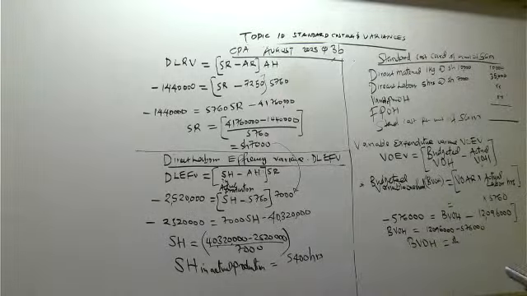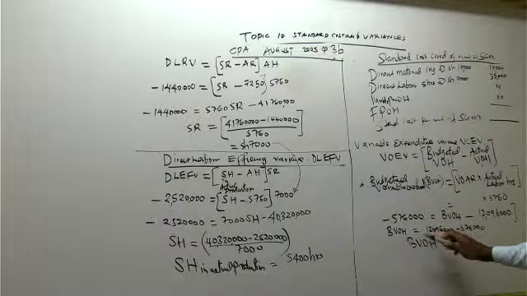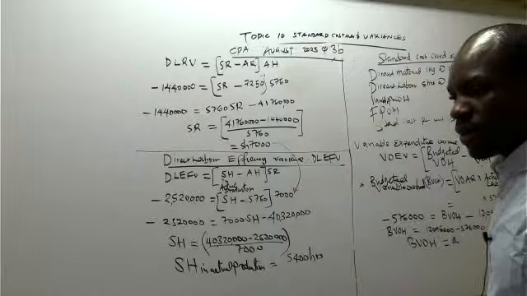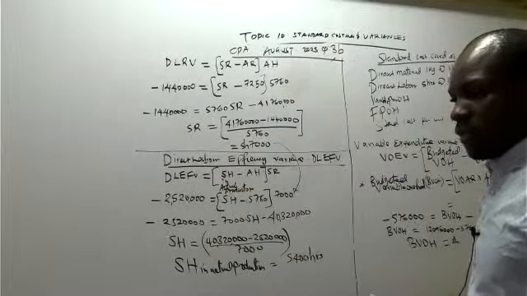Let's calculate it very fast, please. 12,096 minus 576. Is it not 11,520?